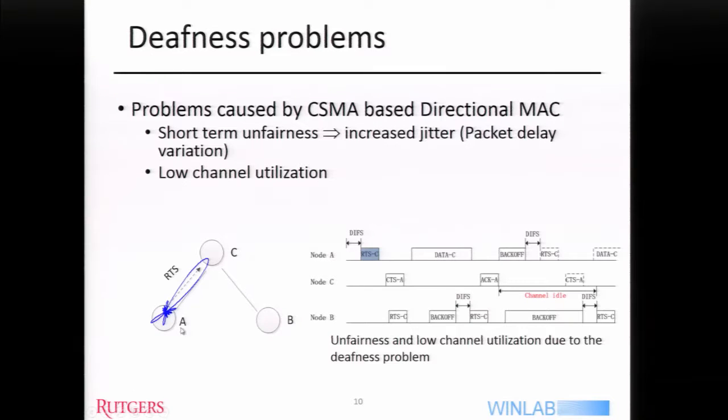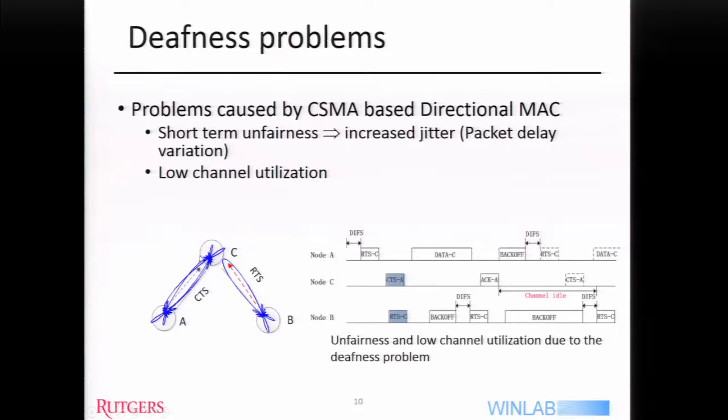It will send an RTS packet to node C, and then node C will send a CTS packet back. Because of the directional antennas, node B does not know that node A and node C are talking to each other. So it thinks maybe node C is idle, and it will send an RTS packet to node C.